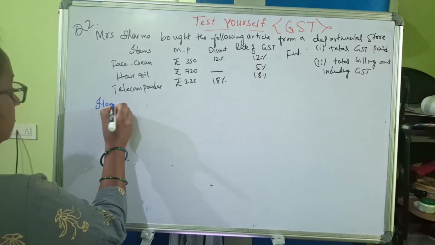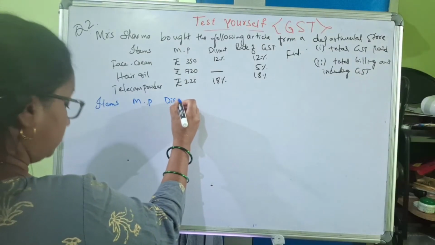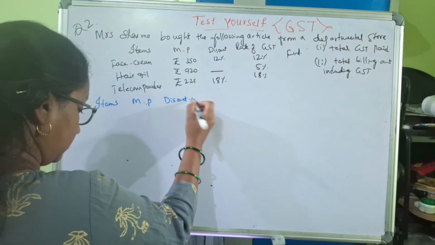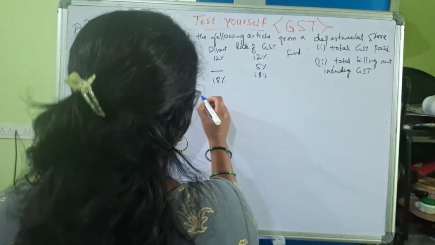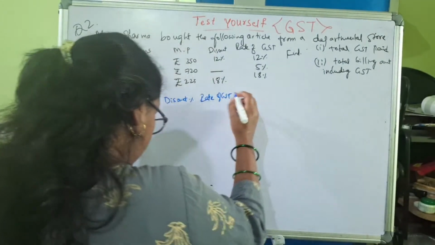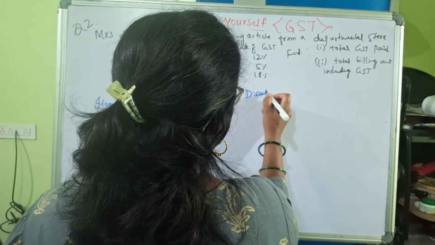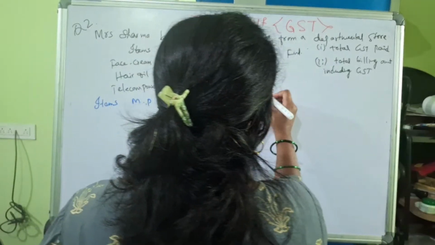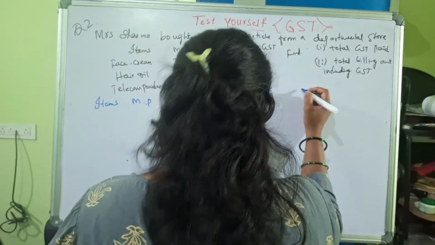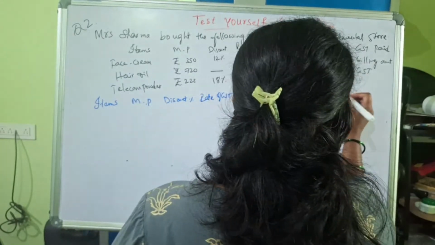Items, market price, discount percent, rate of GST, and here discount value, here discounted price and GST.